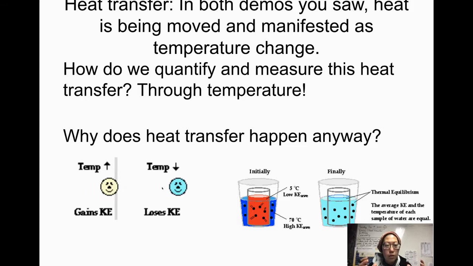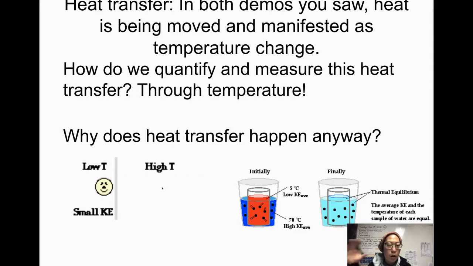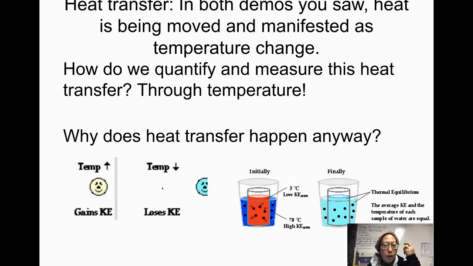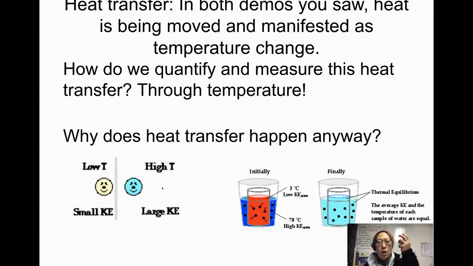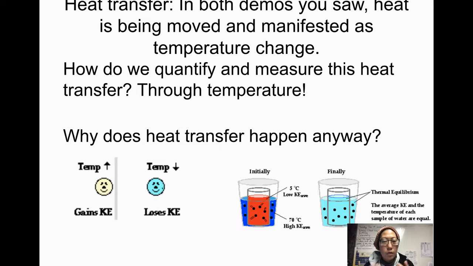This is a natural tendency in nature, in the universe, that if you have an area of high energy, high temperature, large average kinetic energy, and you bring it together with a substance or some object which has lower kinetic energy and lower temperature, the kinetic energy will spread out so that each of those objects at the end will have the same average kinetic energy.